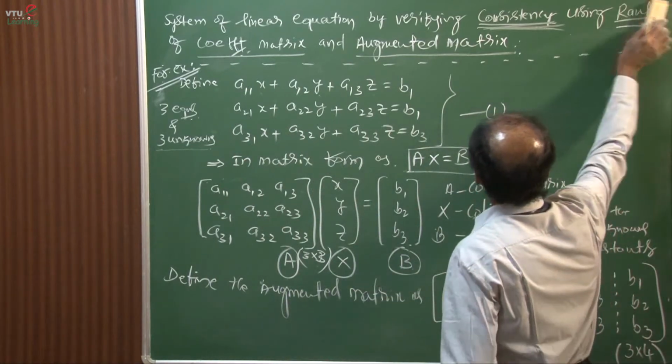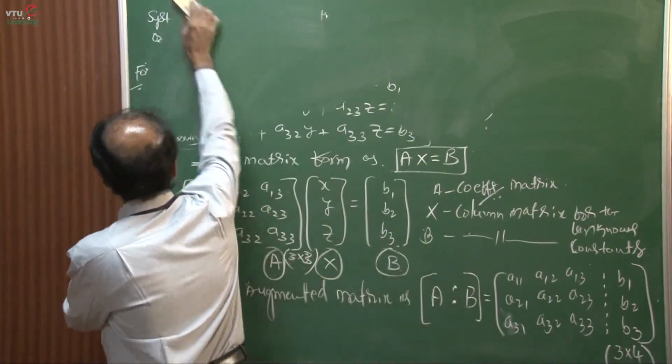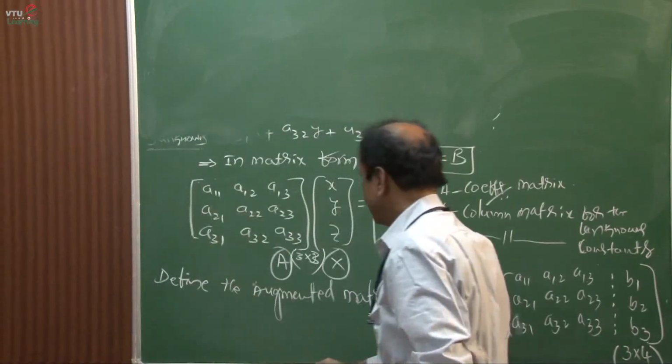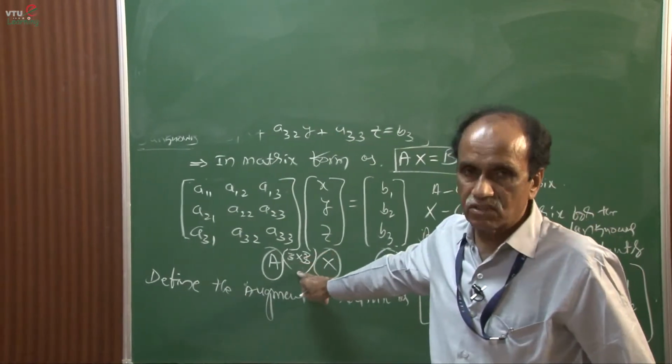Now, what is the rank of the coefficient matrix? The order is 3 cross 3.